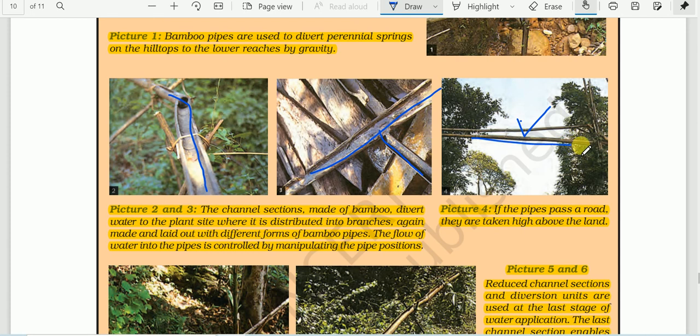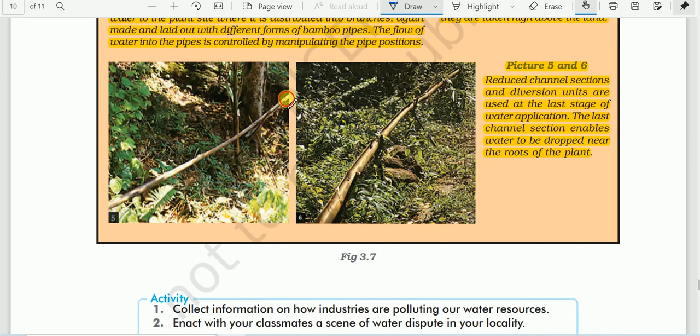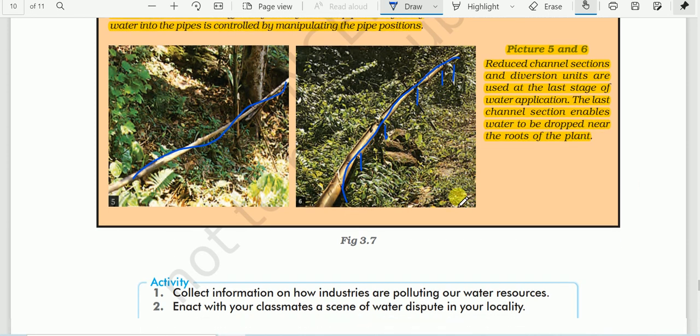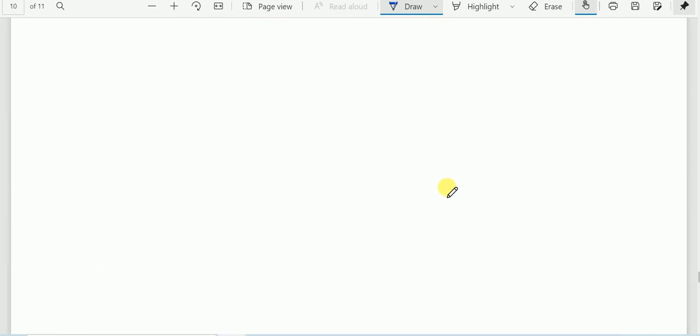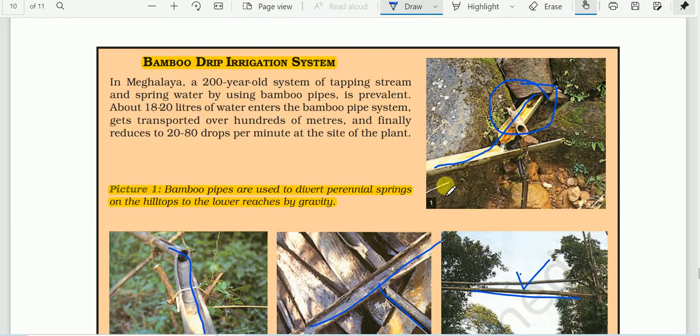Then again here you are seeing the bamboo pipe, and finally it has reached the plant site, the agriculture field. And here, drop by drop, the field is irrigated. And this is what we call the bamboo drip irrigation system.